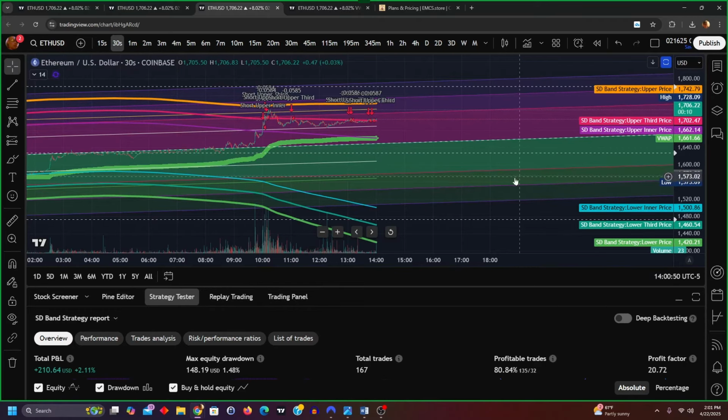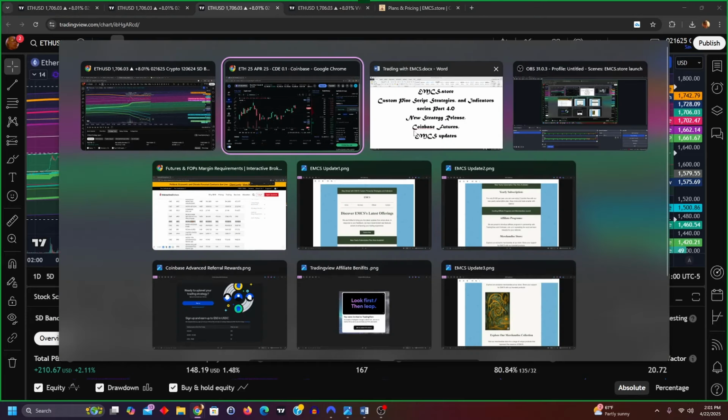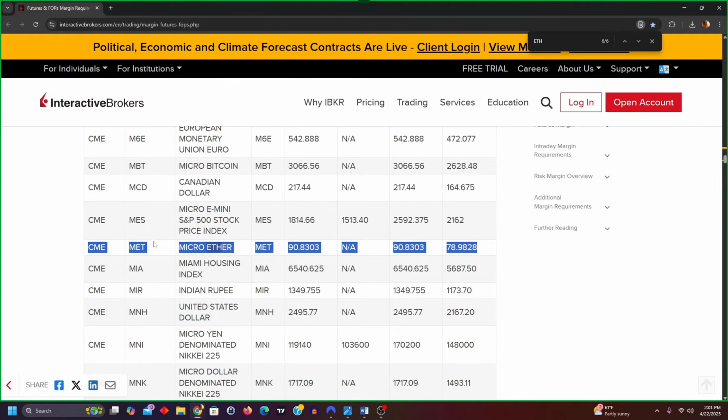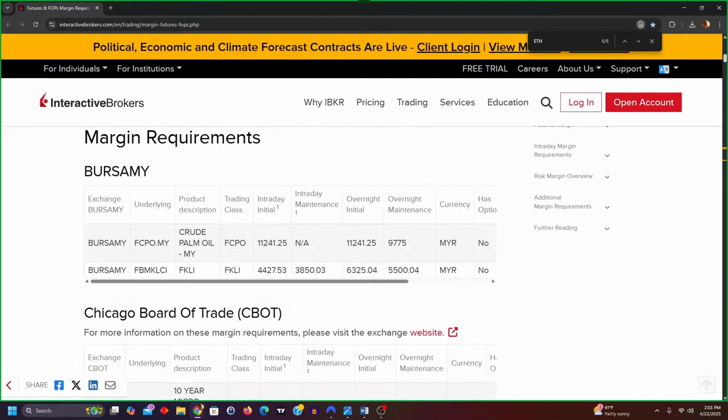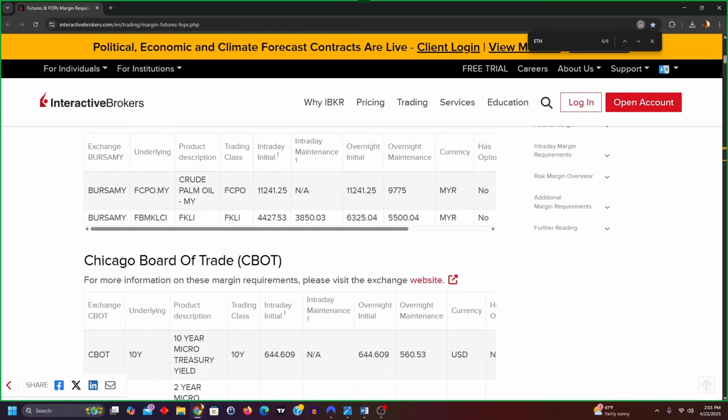But we also like to use this with futures, and in particular Coinbase Futures, and we'll tell you why. Because compared to, let's say, Interactive Brokers, you can see the micro ether contract goes for, so the column headings aren't being displayed here, but you can see them there. There's the intraday maintenance, the overnight maintenance, right?